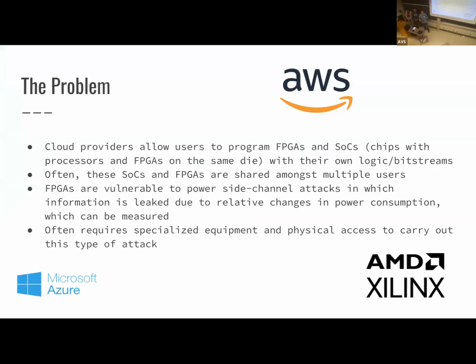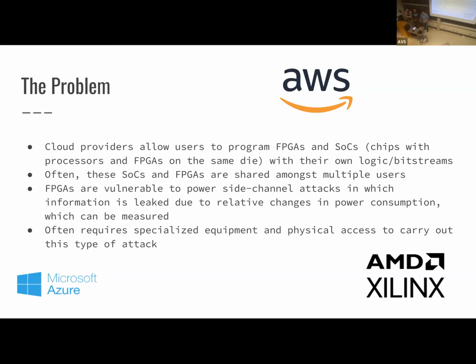So a bit of background on what the problem is. Lots of cloud computing companies allow users to upload their own images onto FPGAs and system on chips that are part of the cloud computing environment. A lot of times these FPGAs are shared amongst multiple users, so it's not just one person, one FPGA.